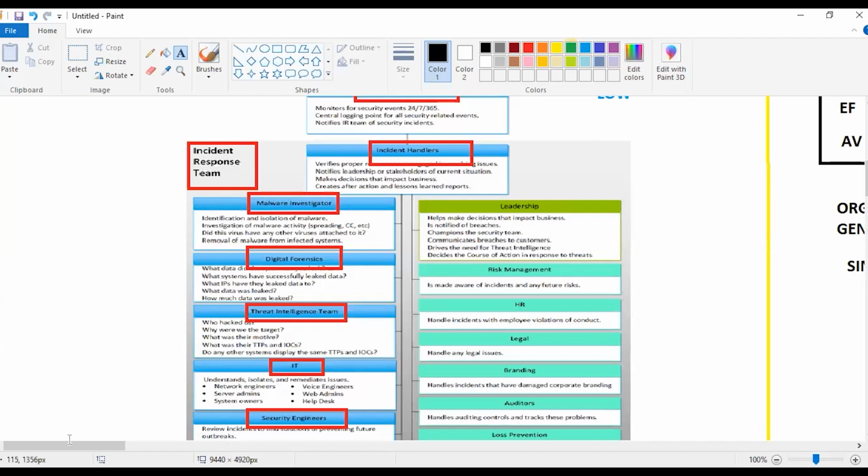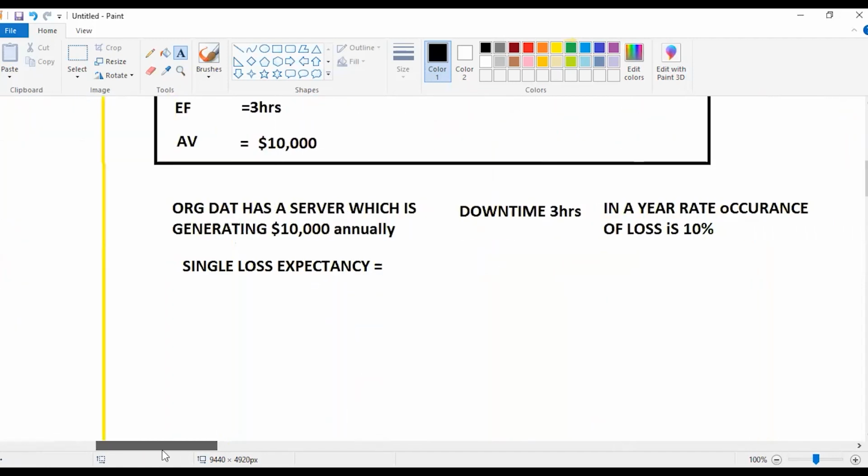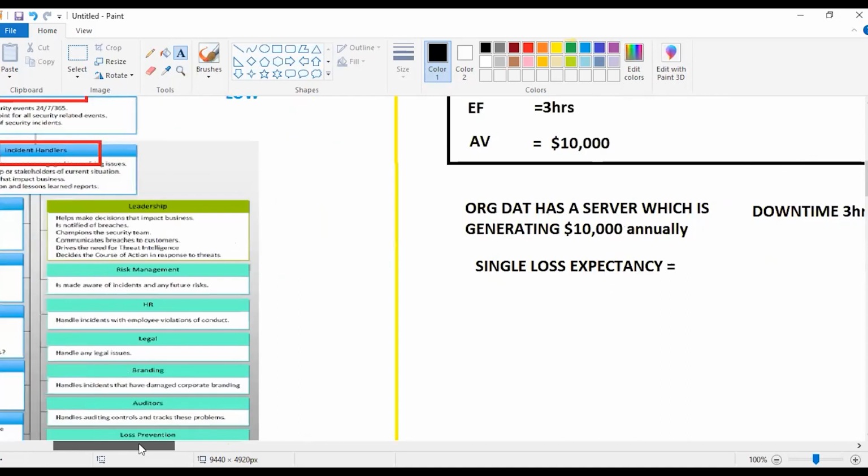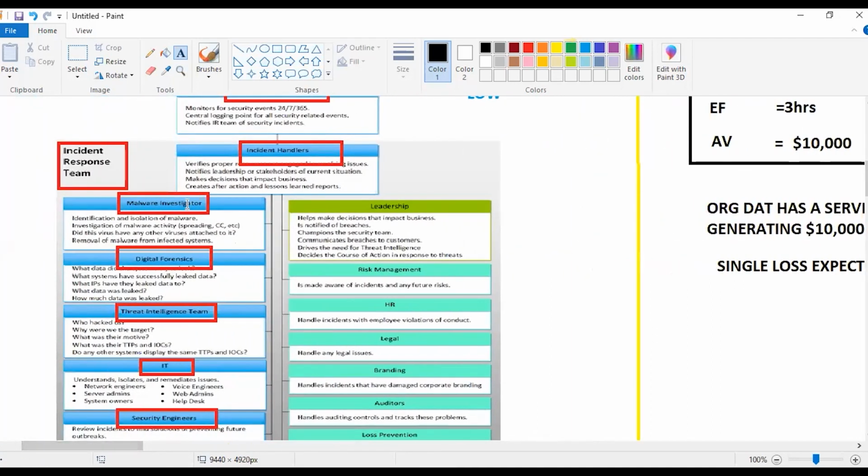And in yesterday's lecture there was some guy who told me about the power grid. Those attackers found a vulnerability in the SCADA system. SCADA is a server, and they found a server-side vulnerability there, and with the help of that, they exploited the whole organization. That's why it is important to have such teams in your hand: the incident response team, threat intelligence team, and digital forensics.